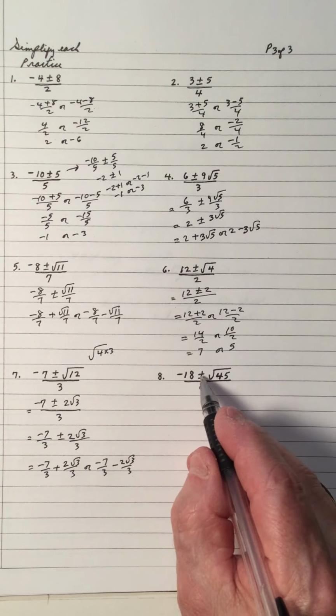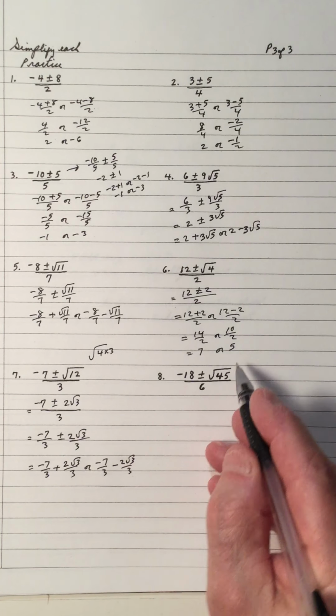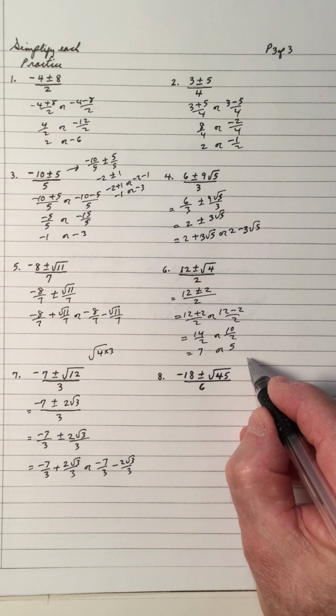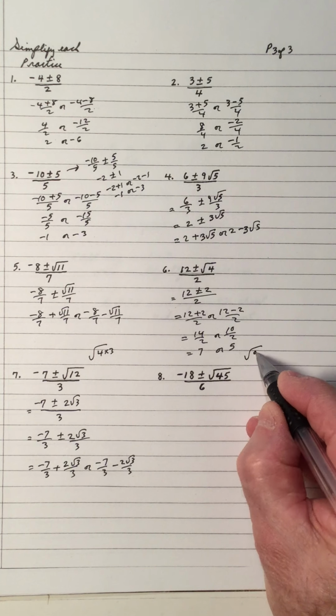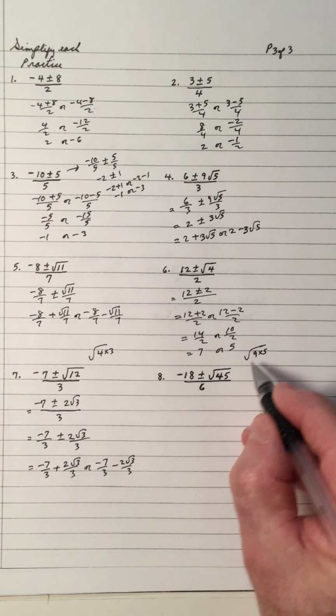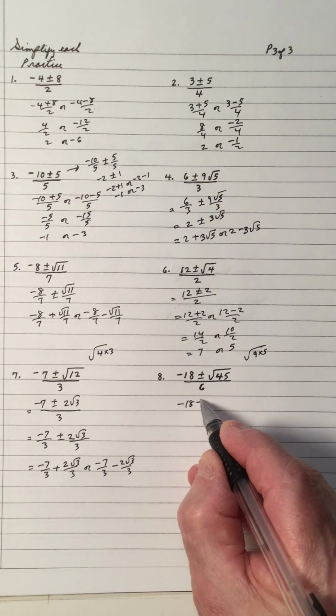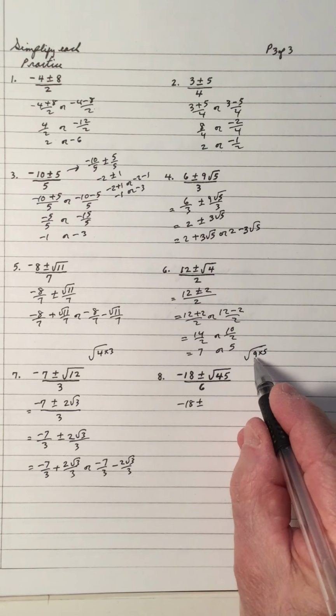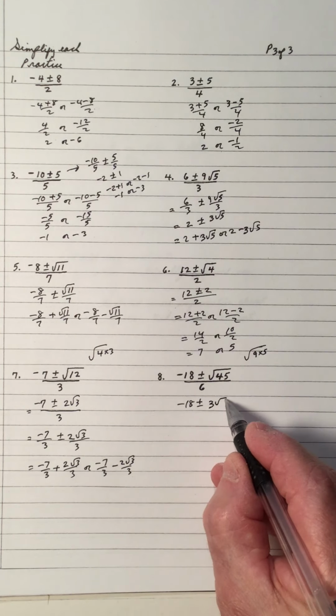And negative 18 plus or minus root 45 over 6. The root of 45 is, I see, a 9 times the 5. The perfect square factor of 45 is 9. So negative 18, the root of 45, square root of 9 is 3. You can't do the square root of 5.